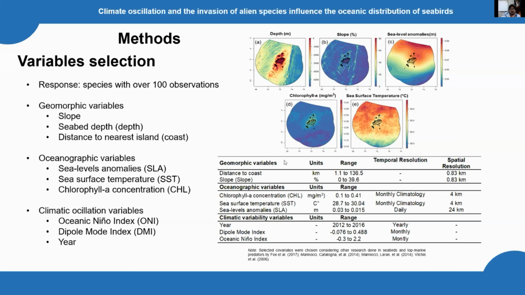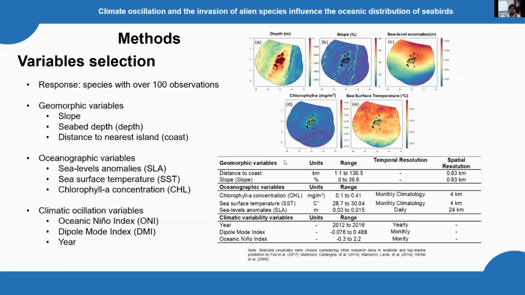Then we used the dipole mode index as an index of the Indian Ocean dipole, in order to catch whether the variability was promoted by the year of the sampling, or was basically a result of some index.